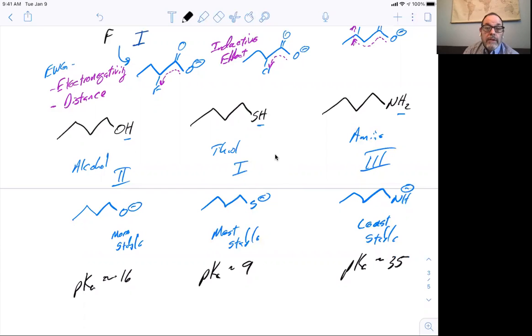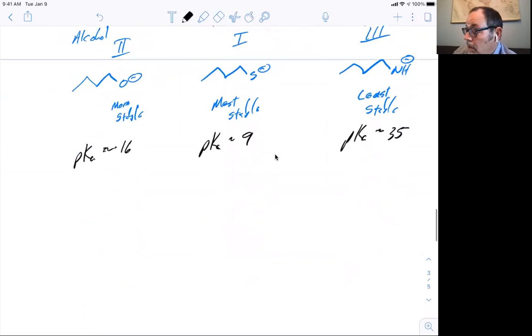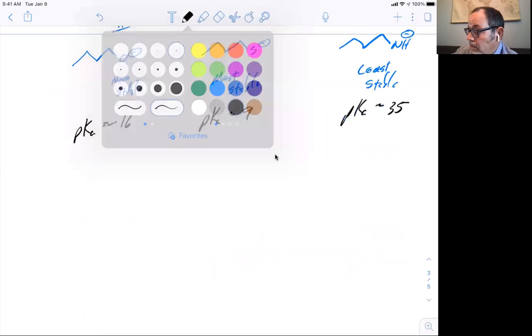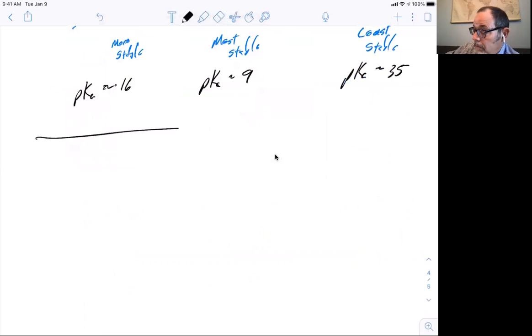Okay. Questions about these? Okay. Let's try mechanism, an acid-base type mechanism.